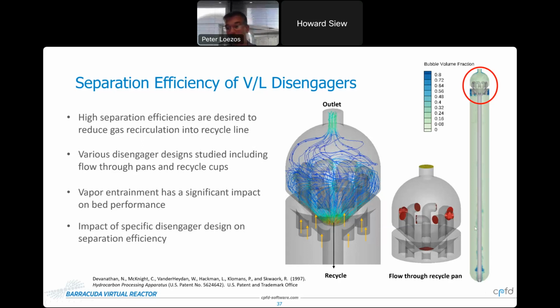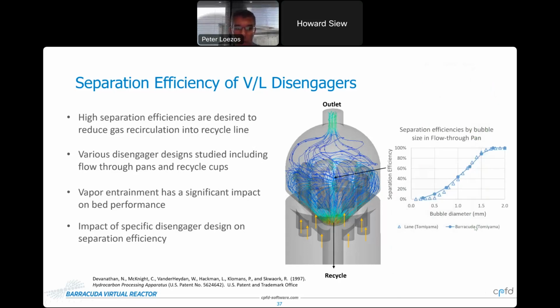And that's going to have a very negative impact on performance. So we're looking at the impact of specific disengager designs on separation efficiency. And here's an example of that in the plot on the right. This is very similar to a cyclone efficiency curve. I'm plotting here separation efficiency versus bubble diameter. And as you would expect, the separation efficiency is going to be very sensitive to that bubble diameter.